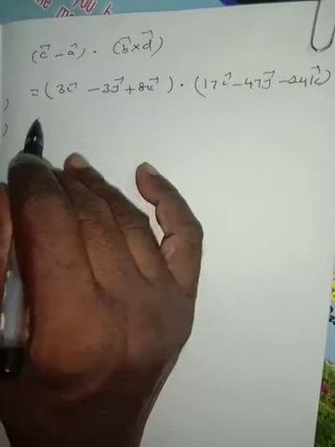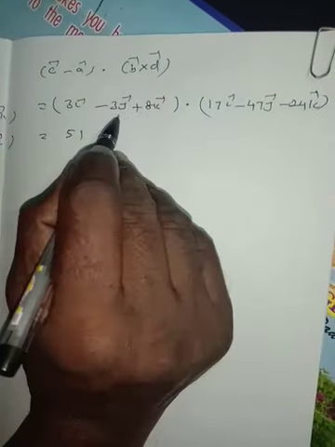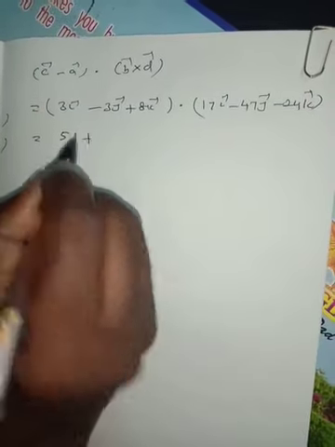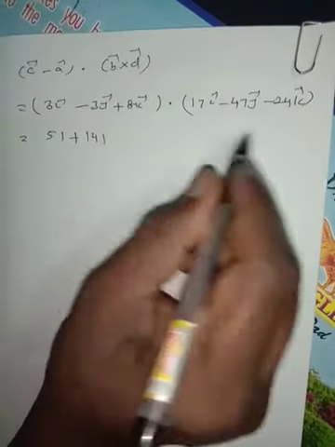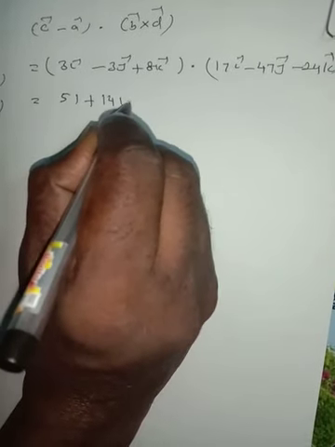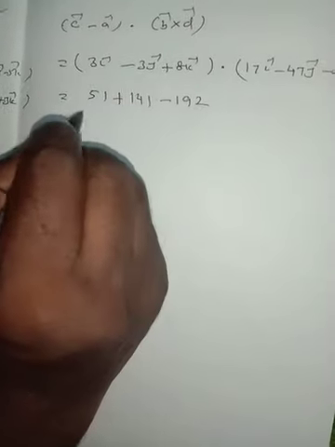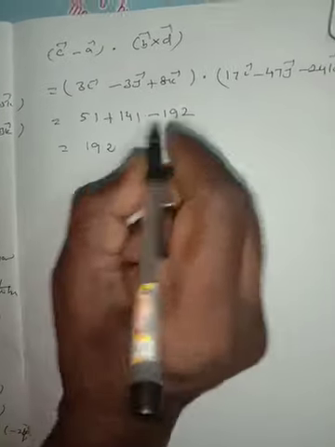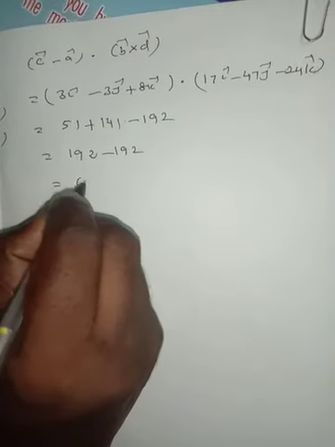We know that i dot i is 1, j dot j is 1, k dot k is 1. Therefore 3 times 17 is 51, plus 141, minus 192, equal to 192 minus 192, which is 0.